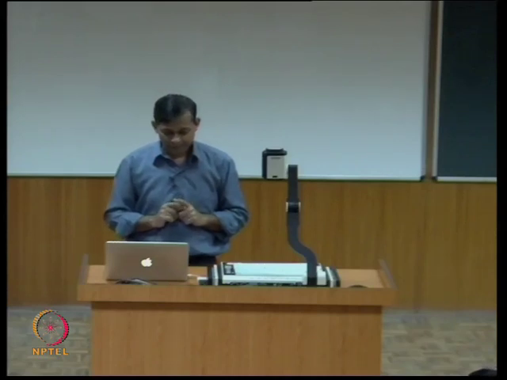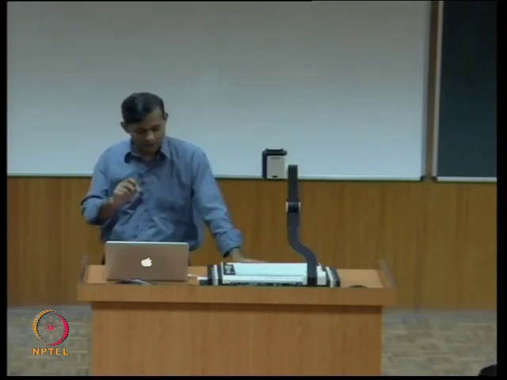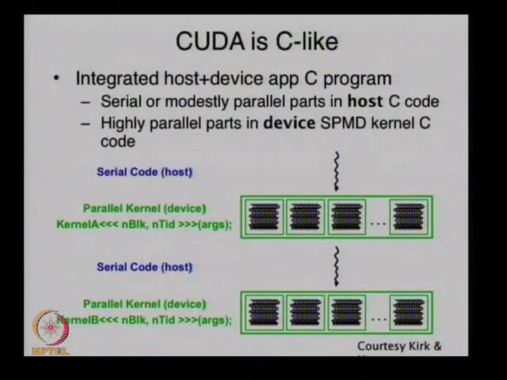Okay, and so in this example, parallel kernel would be a function that you have written. Okay, and it is going to be invoked by saying kernel. There are these 3 less than and greater than brackets, which are the things that are added to C, which is going to get extracted by the CUDA compiler, which says how often should this be run.